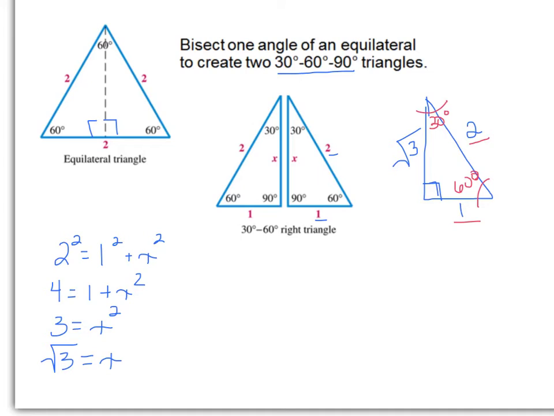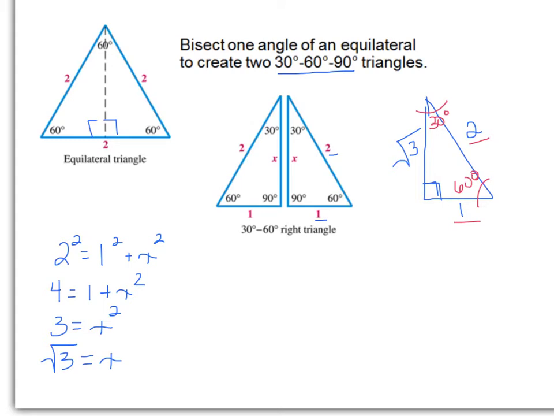So the sine of 30 is opposite over hypotenuse, so that's a half. Cosine, tangent, that would be square root of 3 over 3. I did this in 2 steps.